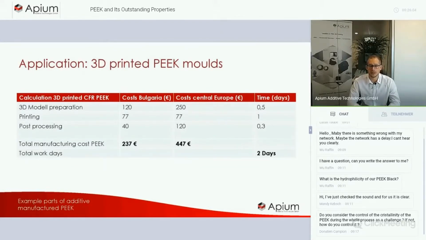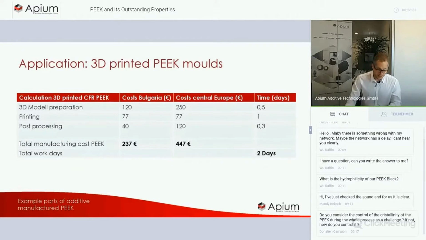Printing, 77 euros in 1 day, and a post-processing, a third of a day and 120 euros, which comes to a manufacturing cost in Central Europe of 450 euros, which is approximately 1/8 of the price we've seen before with the conventional method, and only 2 days. So not only you save on cost, but also on time when it comes to the manufacturing of it.